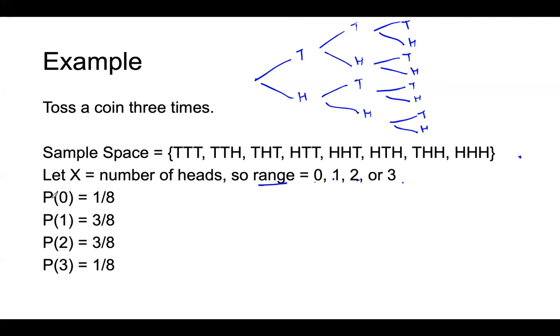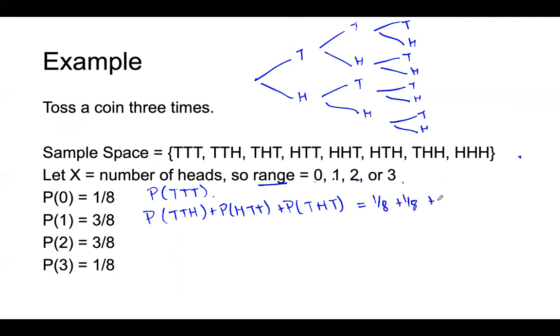And we can see that the probability of getting no heads is just the probability of tail, tail, tail. The probability of getting 1 head is tail, tail, head, plus the probability of head, tail, tail, plus the probability of tail, head, tail, which is 1 over 8 plus 1 over 8 plus 1 over 8, which is 3 over 8.